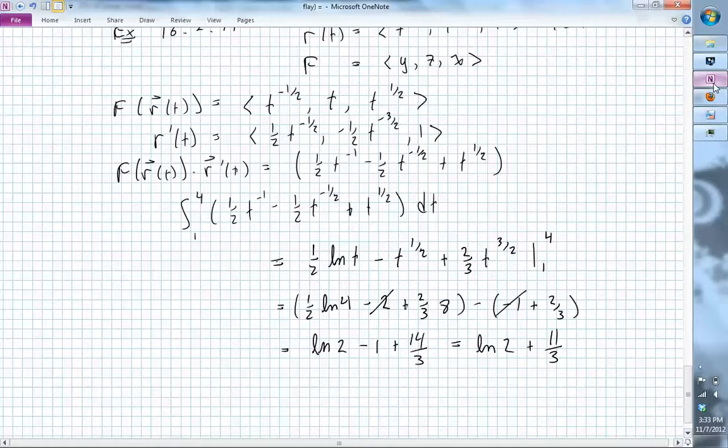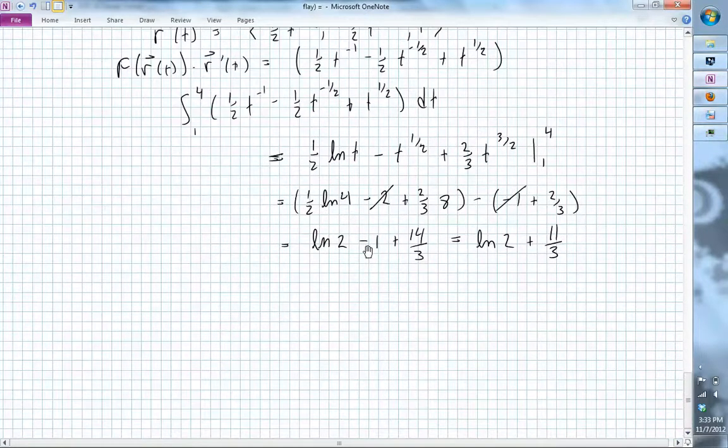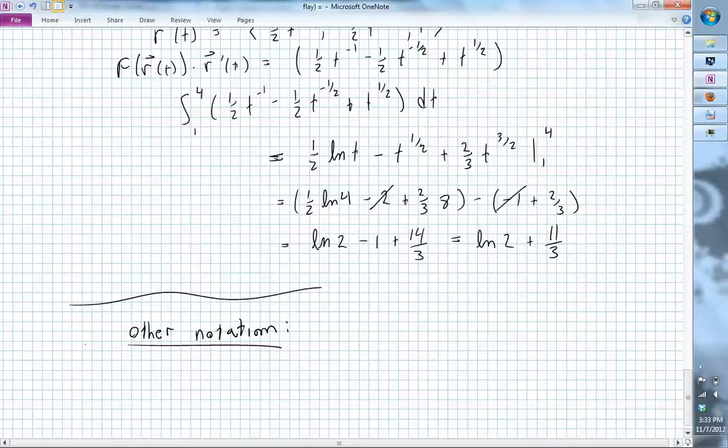Let me really quickly finish off with some other notations that you'll see in the book. Another notation that you'll see in the book, you will often see this, the integral over c of f dot dr. Okay, we just talked about that.